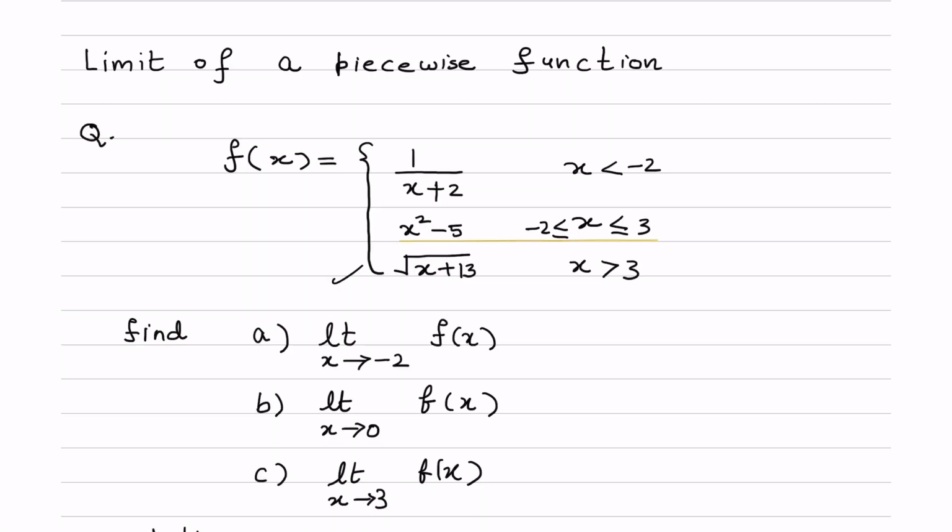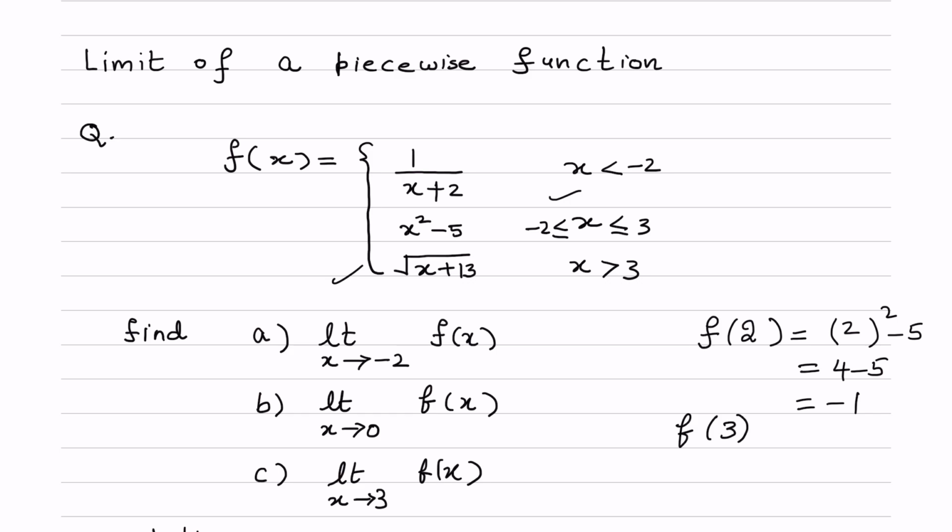Suppose that you have a question where you have to find the exact value of the function at 2. So what function will you pick for finding the exact value at 2? The equality sign is here, so we will pick the corresponding function x square minus 5, and in the place of x we will put 2 minus 1. Now suppose you are asked to find the exact value of the function at 3.